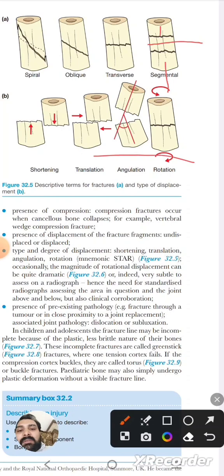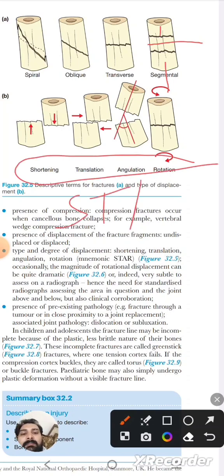These are some types of displacements. The mnemonic is STAR. S for shortening, T for translation, A for angulation, and R for rotation. Shortening is when two ends of the fractured bone slide past each other due to the pull of the muscles.